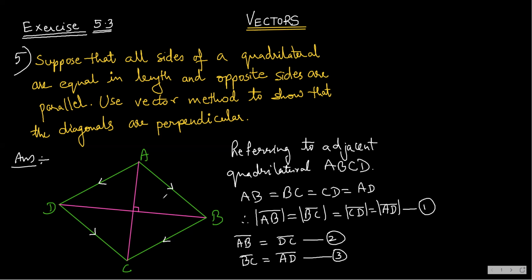Now why could I write this? Because AB bar and DC bar have the same magnitude and the same direction. They have equal magnitude because they are equal in length and they are parallel to each other. So AB bar and DC bar are in the same direction. So these two vectors are equal, same as BC bar is equal to AD bar.